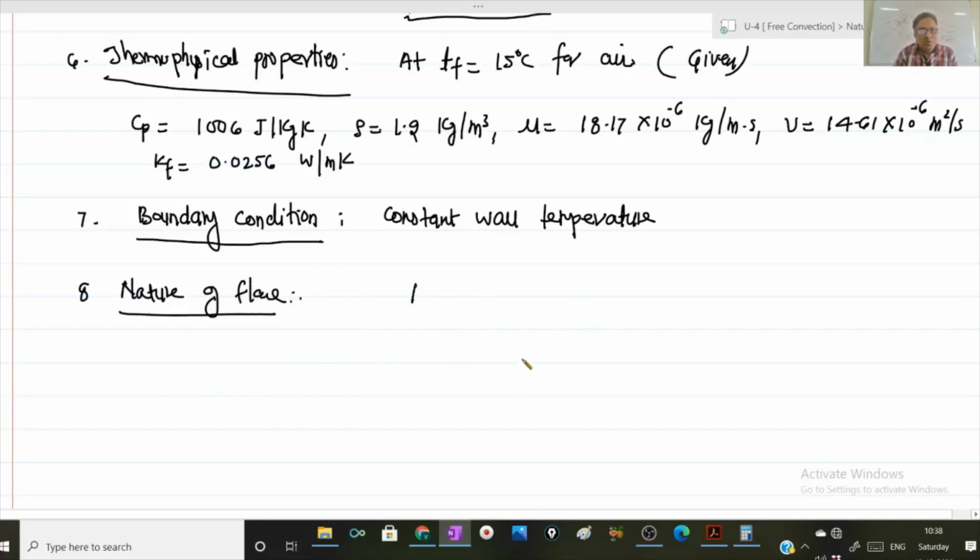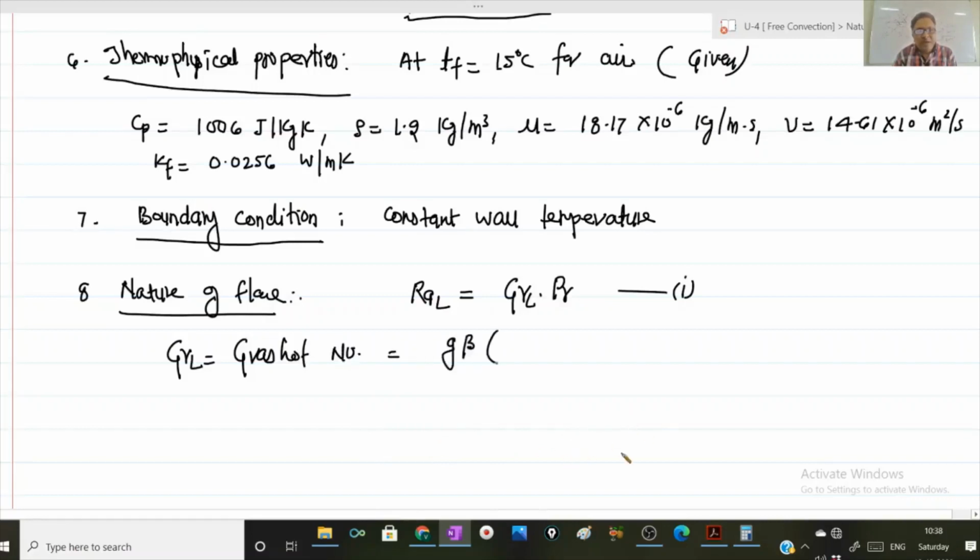So Rayleigh number based upon linear dimension will be the product of GR, Grashof number based upon linear dimension, and Prandtl number. Here GRL is Grashof number and it can be calculated as g beta (T infinity minus Ts) L_C cube over nu square.